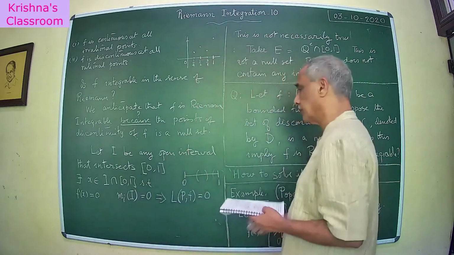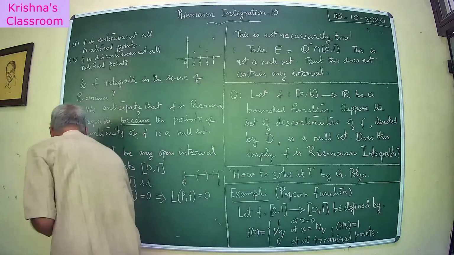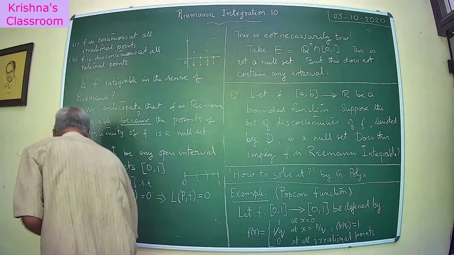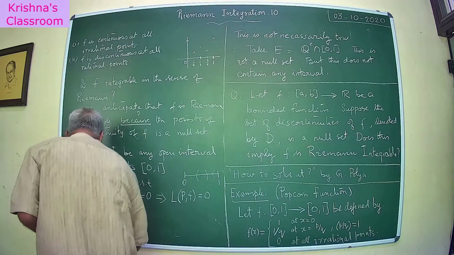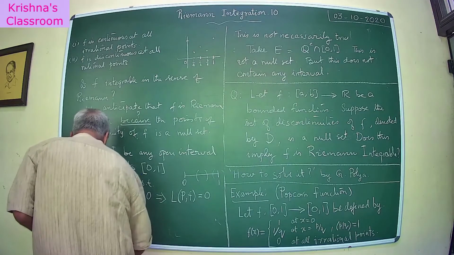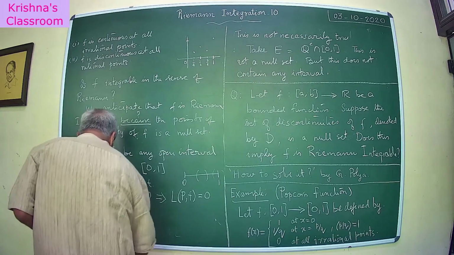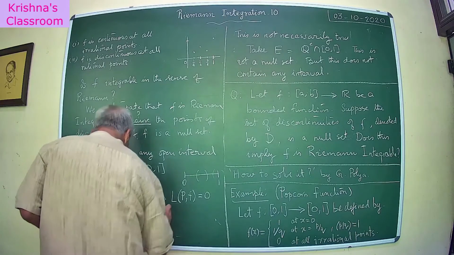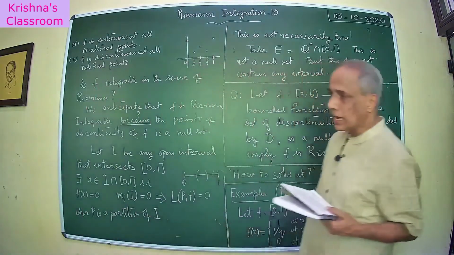Why L(P, f), where P is some partition of 0, 1? Because partitions are intervals.